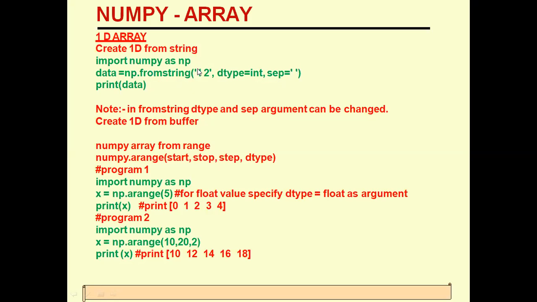From string, this is a string type. 12 is a string type because it is enclosed in single quotes. So dtype, data type int, separated with a space. So print data, it will display the result from string with the data type. sep means separator. Arguments can be changed, creating a 1D array from a buffer.